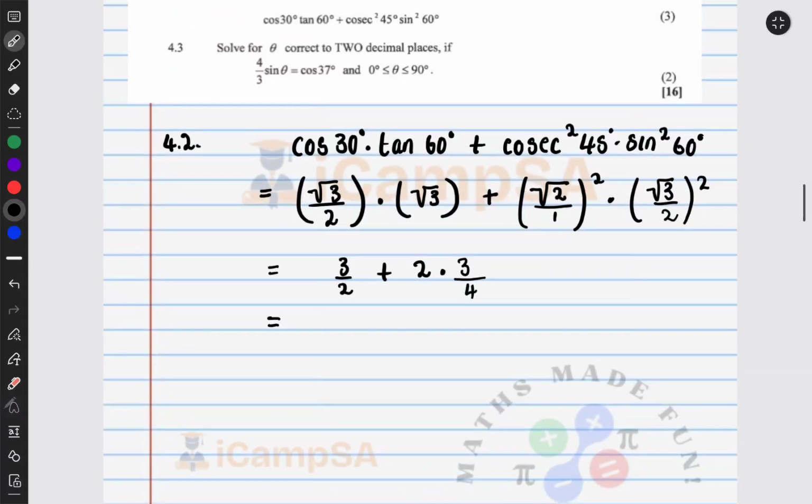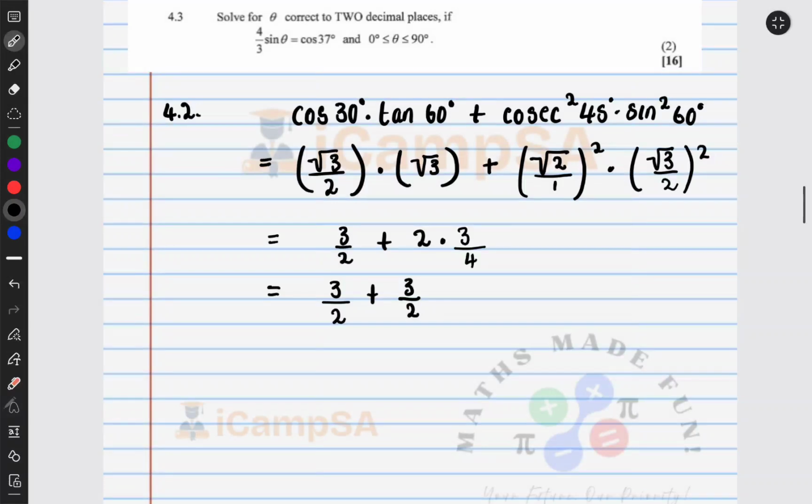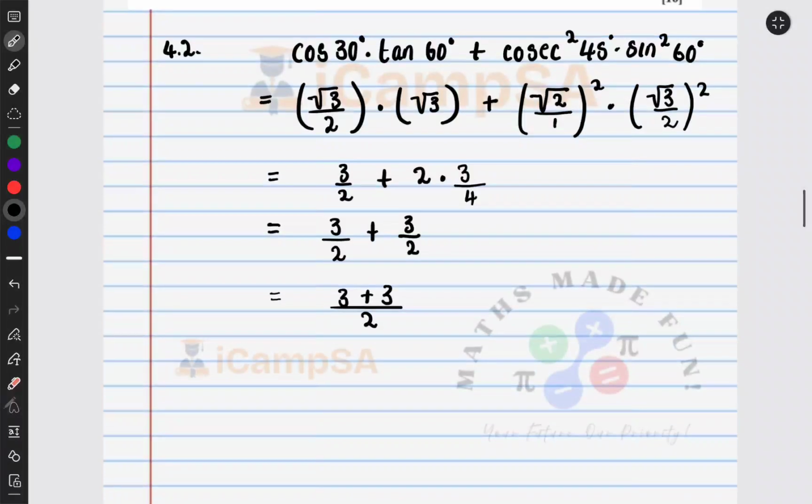So 2 multiplied by 3 divided by 4 is 6 over 4, which is the same as 3 over 2. So we have 3 over 2 plus 3 over 2. Same denominator, so we just add the numerators: 3 plus 3 is 6, 6 divided by 2 is equal to 3.